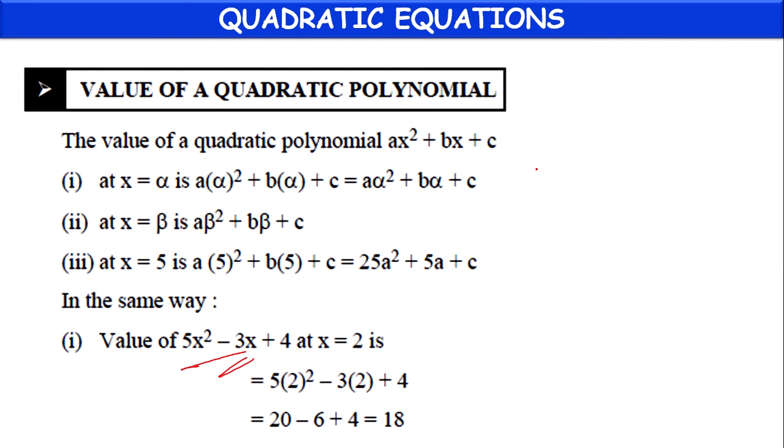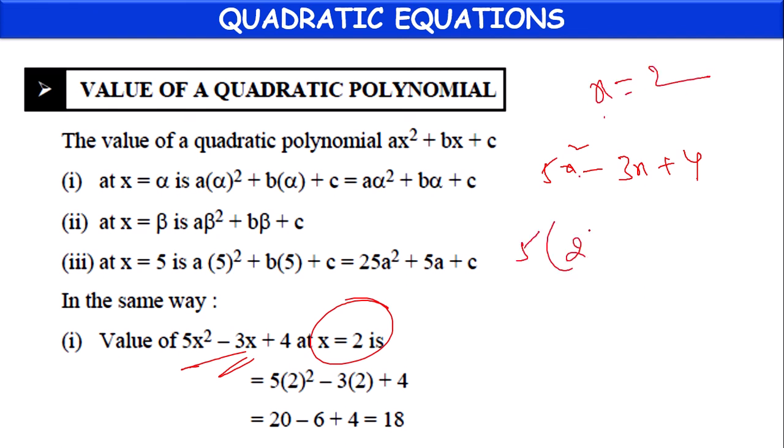Or we have to find the value of 5x square minus 3x plus 4 when x equal to 2. Just keep 2 in the place of x: 5 into 2 square minus 3 into 2 plus 4. 2 square is 4, 4 into 5 is 20, minus 3 into 2 is 6, plus 4.